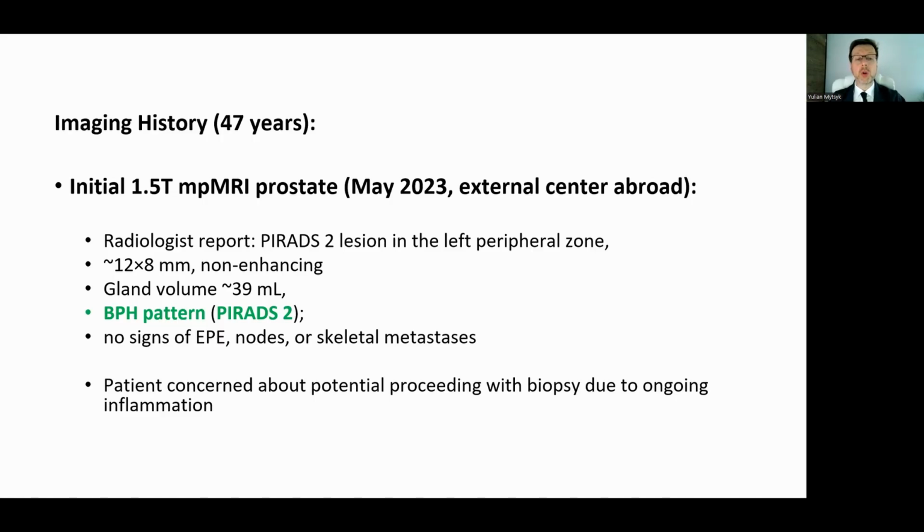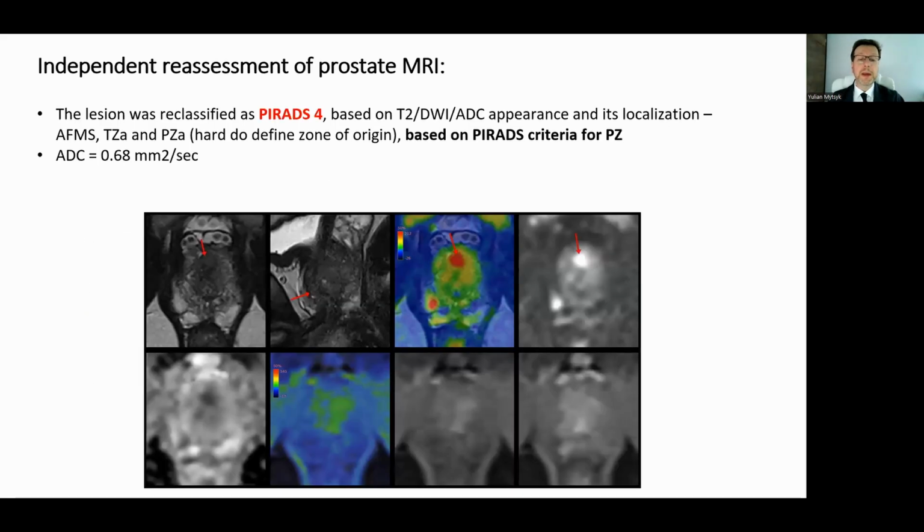The gland volume was a little bit increased, and a BPH pattern, PI-RADS 2, was observed with no signs of extraprostatic extension, no suspicious lymph nodes or skeletal metastasis. At the time, the patient was concerned about potentially proceeding with biopsy due to the ongoing inflammation.